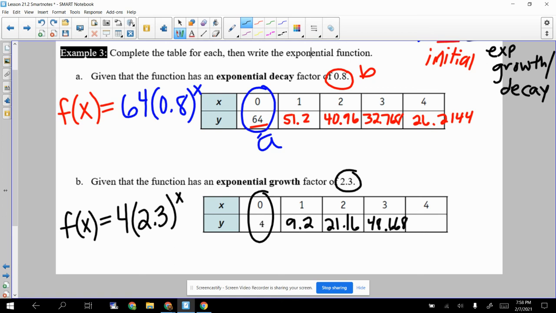And then times 2.3 is 111.9364. And again, this would be your equation here or your function, because this is your initial term and this is your growth factor. And the numbers are getting larger, so we also know that it is exponential growth.